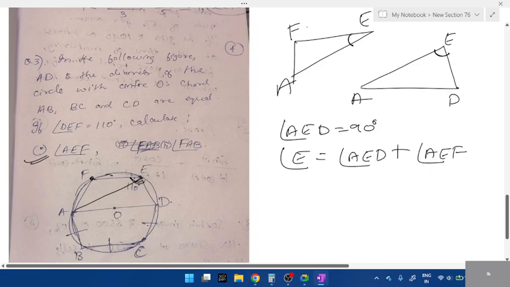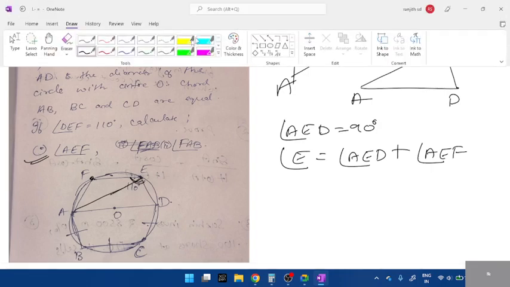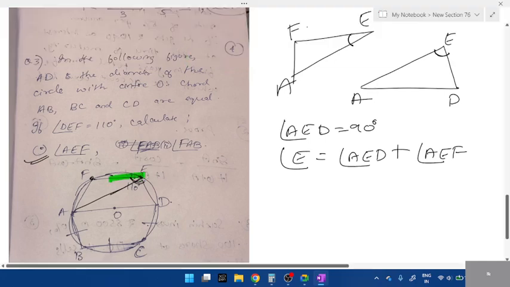Can you see two angles? See, I'm talking about this angle. It is made up of two. That is what I will take. Angle E is the total value: AED plus AEF.